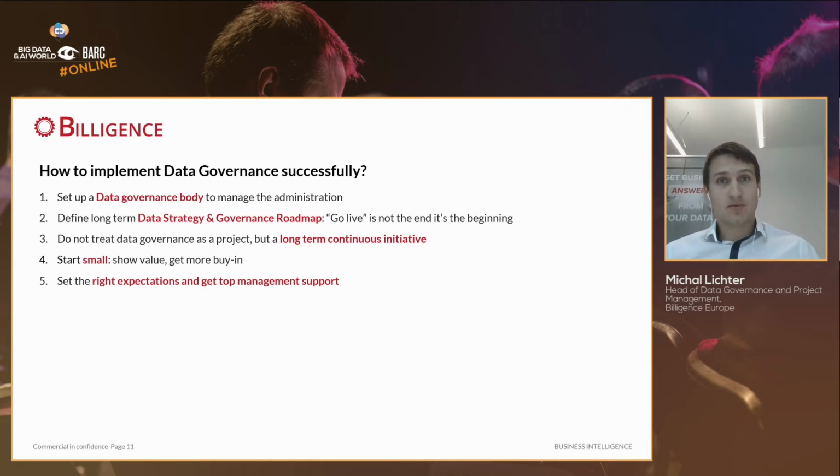You need to prioritize well, keep the stakeholders informed on what you're doing. Otherwise, they may get the impression that things are taking ages, it's not visible. So be clear that building company-wide governance requires company-wide involvement. And for any company-wide initiative, you need support from the top management.